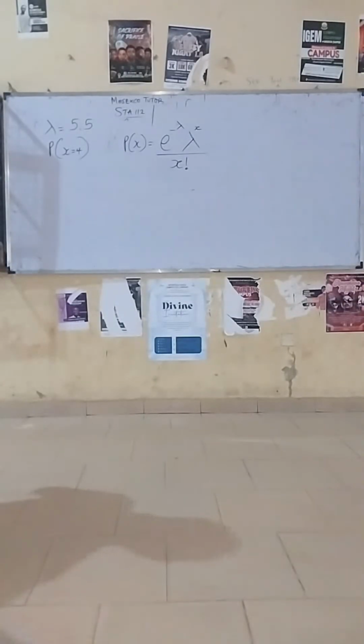What does lambda represent in this formula? The rate of occurrence. So note down: in Poisson, lambda represents the rate of occurrence.